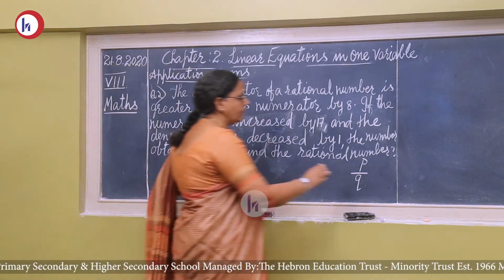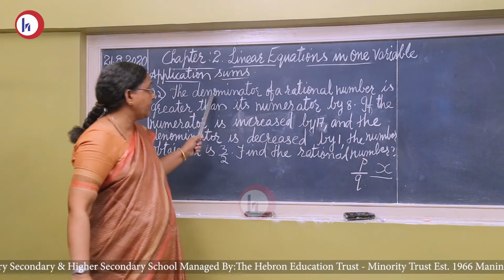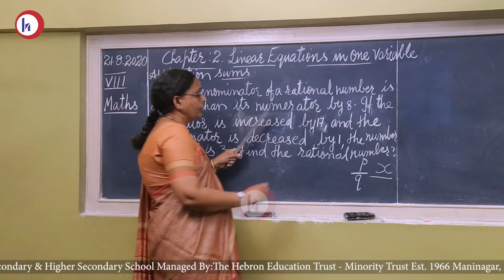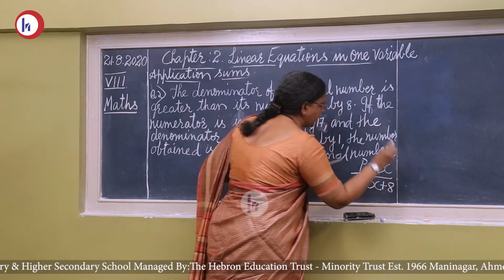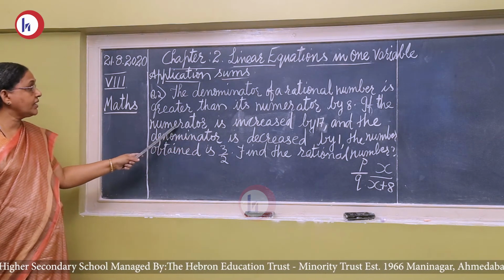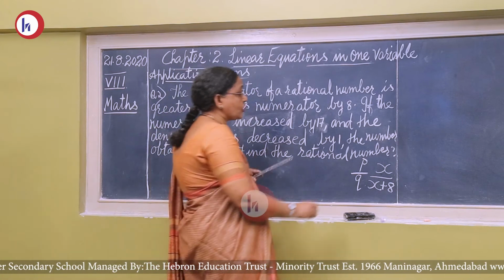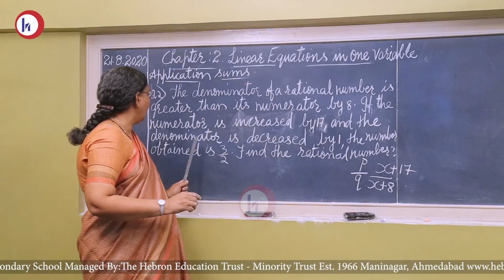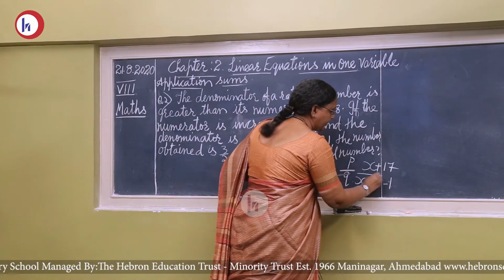That can be taken as x. The numerator is x, and the denominator is 8 greater than the numerator. So the numerator is x, and greater by 8 means plus 8. Then in the second case it says that the numerator is increased by 17, that means plus 17, and the denominator is decreased by 1, minus 1.